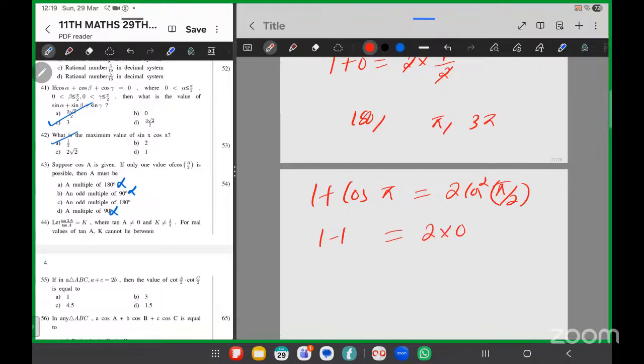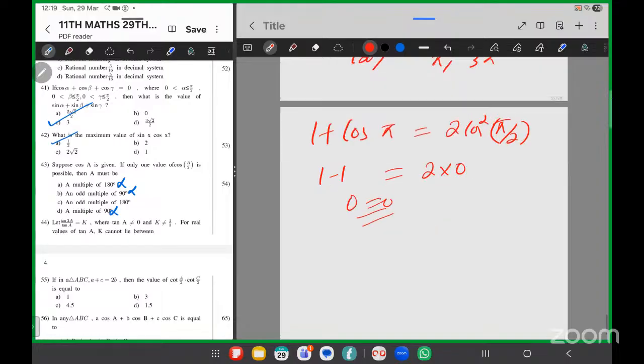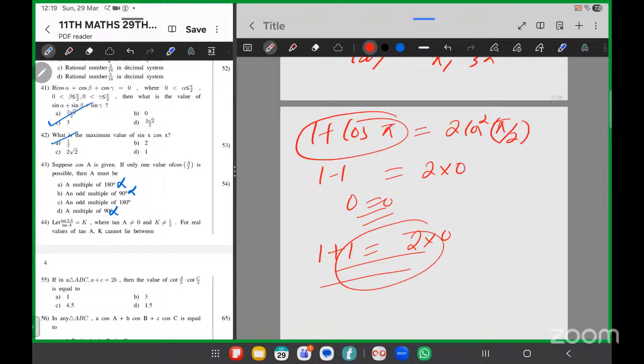It becomes 0 equal to 0. So odd multiple possibilities, we get 1 minus 1. But when you get even multiple of pi, we will get 1 plus 1, that is equal to 2 into 0. That is not practically possible. So only odd multiple of 180 will be the answer. Option C is the correct one.